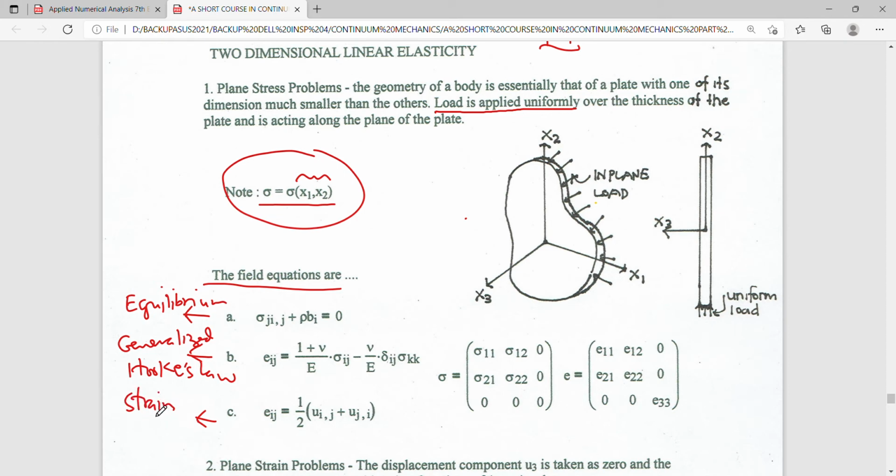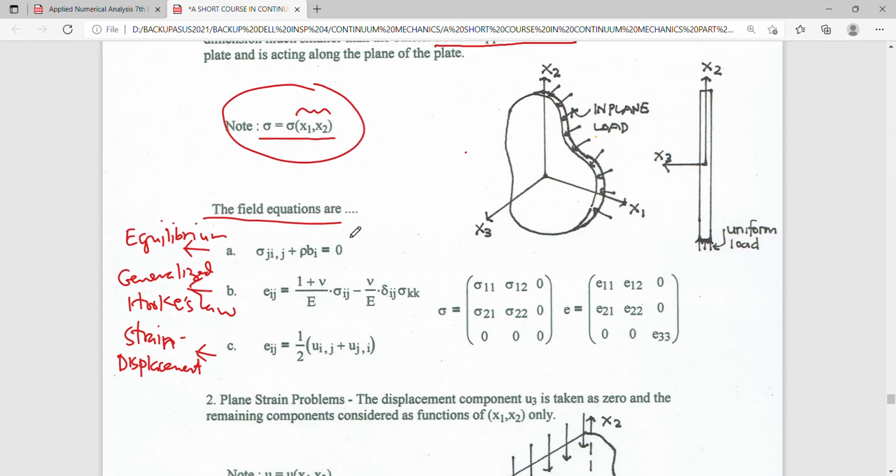Sabi ko nga, yung compatibility equation is just a restriction to check later if you have some doubts on the compatibility of the motion of the particles inside the body in terms of displacement, then you have to check it. Okay? So, ito yung field equations natin.